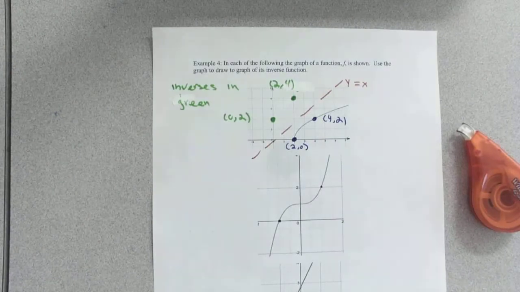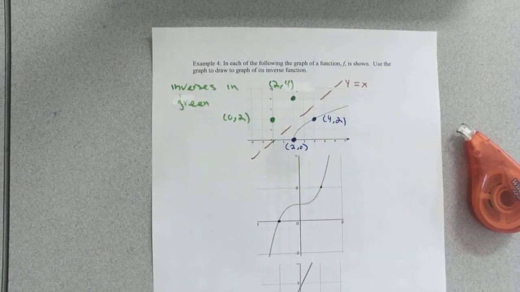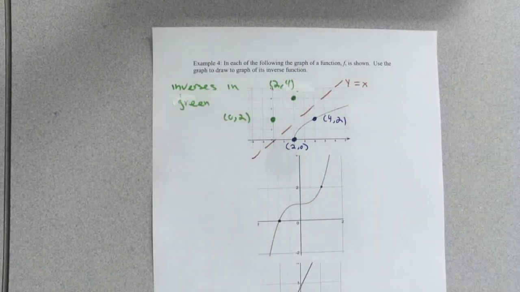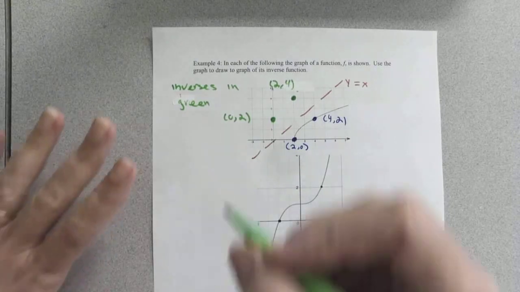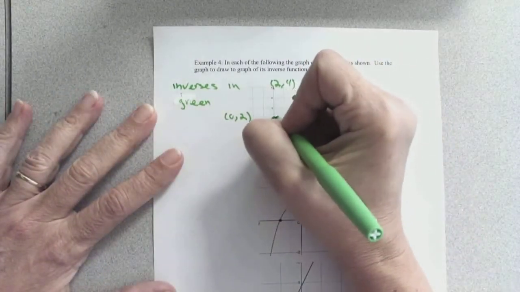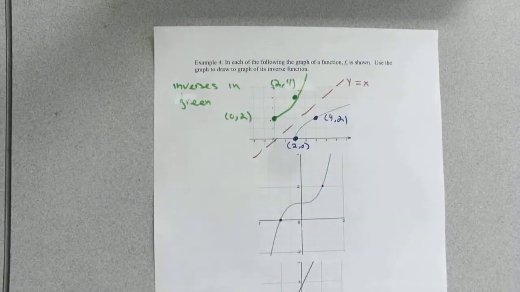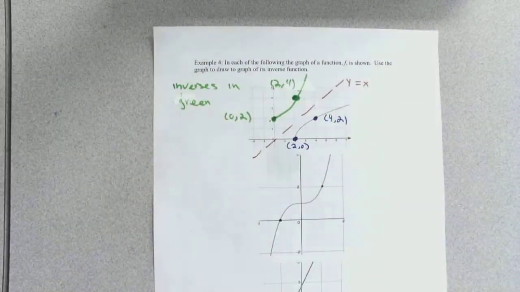I just moved that because it's going to be in the way a little bit. So we envision as if I took my paper and folded it across the line y equals x, the two graphs would lie on top of each other. And the best to my abilities to draw it might look something like that. And so there's the graph of f inverse.